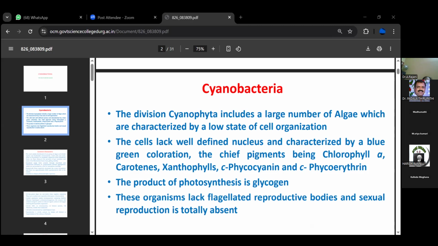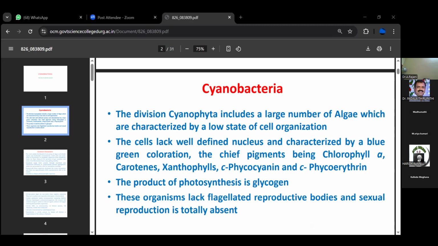Coming to the next one, these cyanobacteria are the most self-contained photosynthetic organisms. They can therefore live under every type of environment, and on every type of substrate also.